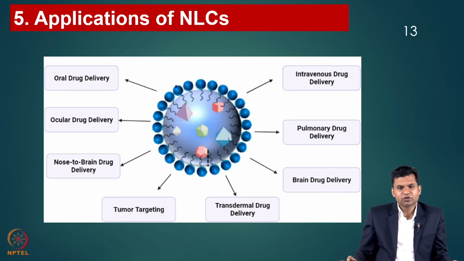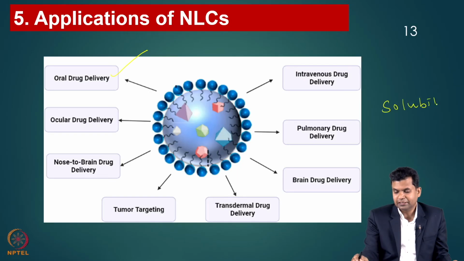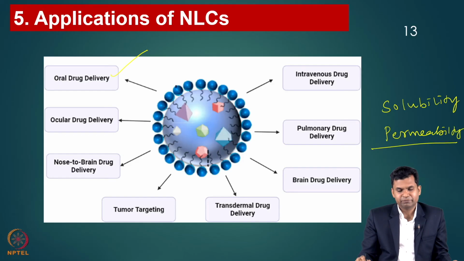Now here we will focus on the NLC applications, where the same applications can also be used for NLCs. When you have water insoluble drugs, and your drug is suffering or limited with solubility and permeability issues, like BCS class 2 and BCS class 4, yes, you can go with NLCs, and even BCS class 3 drugs, because they suffer with low permeability.